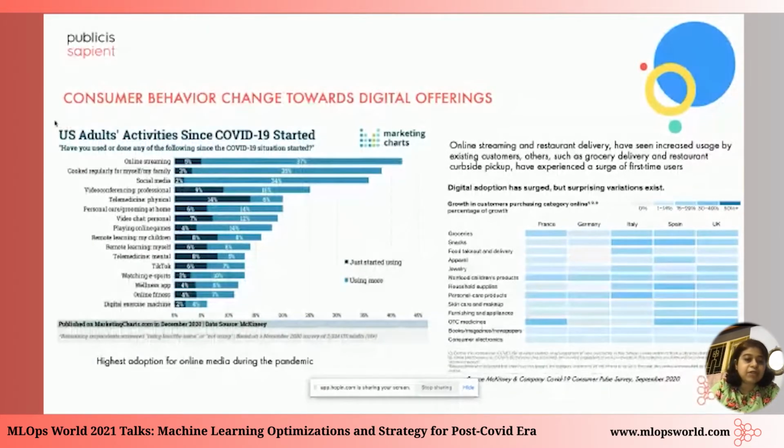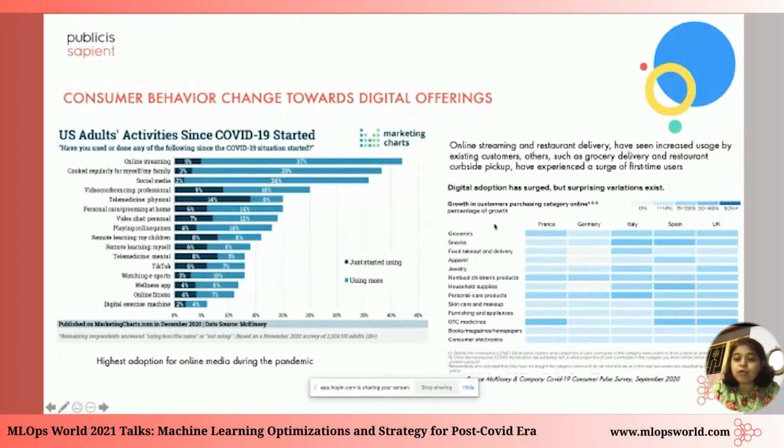As you can see on the left-hand side of the figure, the entire digital strategy has changed due to COVID. People are more relying on online games, online mechanism of telemedicine, teleconsulting, online learning, and video conferencing and video chat. People are not going to the markets. And this is not noticed in one country, but it has been the same for France, Germany, Italy, Spain, UK.